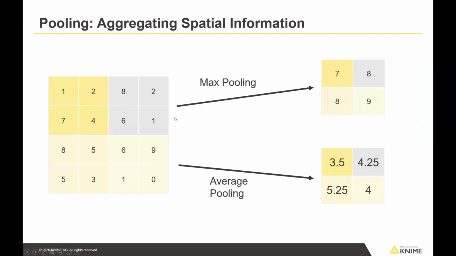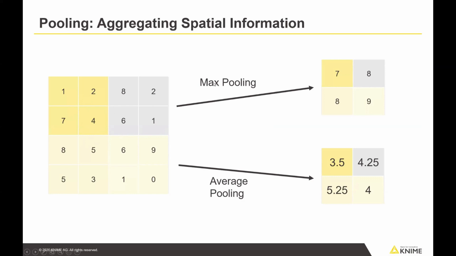Next, we have the second concept, which is about aggregation of information. This is done using a so-called pooling operation. A pooling operation is also a sliding window approach, but usually the windows are non-overlapping, and I tried to visualize this with these shaded areas here on the left. For each of the windows, you would define a certain pooling operation.